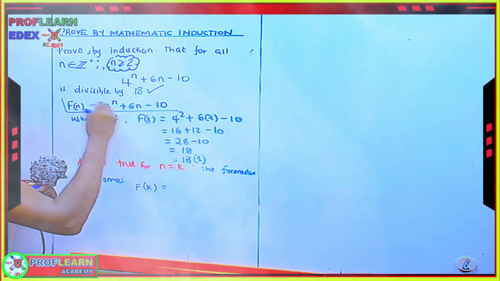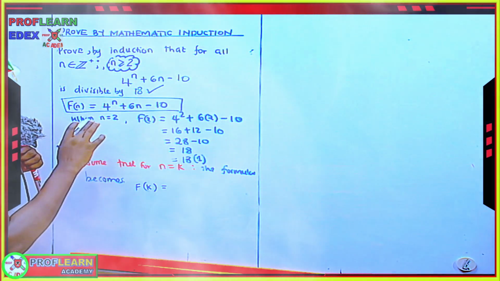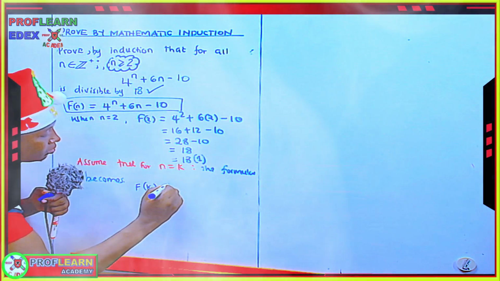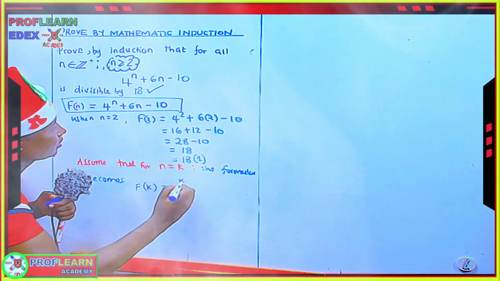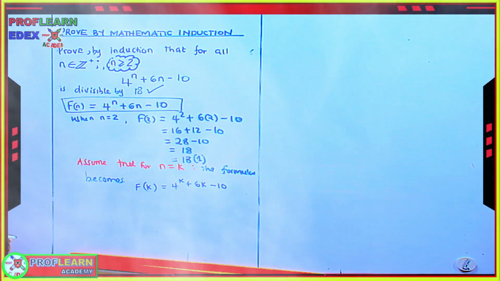I'm rewriting this expression with k now. f of k equals to 4 raised to power k plus 6k minus 10.